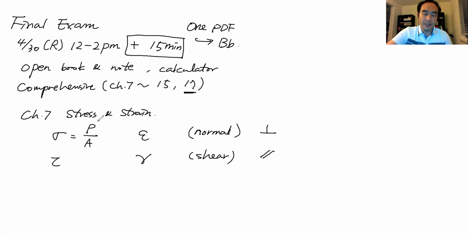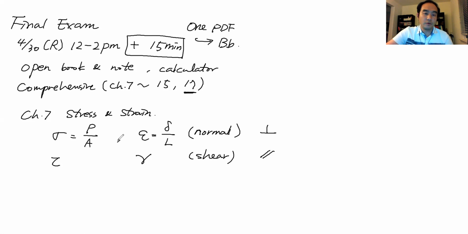And this force P should be the normal force, which means the direction of the force P is perpendicular, at a 90-degree angle, to the cross section. And epsilon is normal strain. Normal strain, by definition, is a ratio between 2 lengths. One is the deformation along the length of the member, and L is the original length, okay?